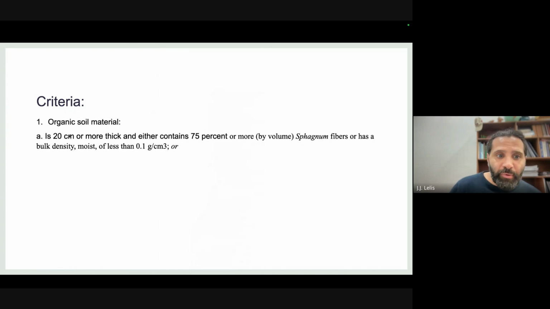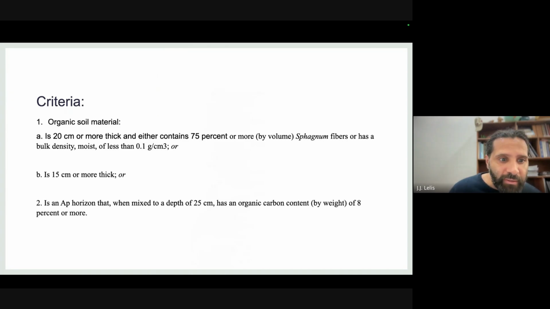Or has a bulk density when moist of less than 0.1 grams per cubic centimeter, 30 centimeters or thicker than this, or I have an AP horizon that, when mixed to a depth of 25 centimeters, has an organic carbon content of at least 8%.